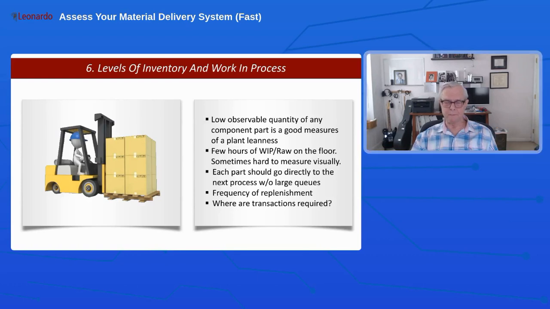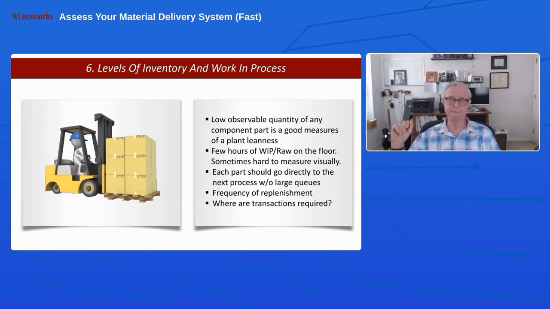Another important thing before we leave this is for your auditor on your team to look for transactions, because a transaction is, strictly speaking, a non-value added activity, correct? We're not changing the form, fit, or function of the product by creating a computer transaction.